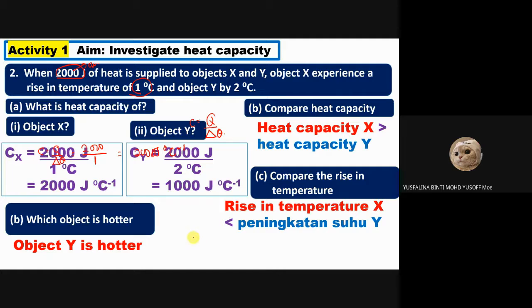Just an example like this. If I have two objects A and B, let's say the heat capacity here is 200 joule per degree Celsius, and this one is 100 joule per degree Celsius. Let's say I give 400 joule of energy.